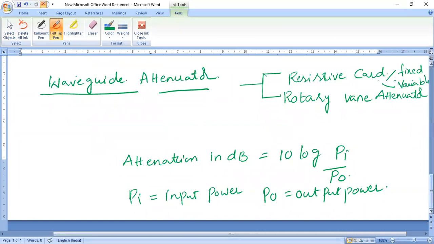It may give inductive susceptance or capacitive susceptance. It depends upon its size and position. Where you are placing it is very important, and how deep you are penetrating that screw or post inside the waveguide, these are very important parameters.